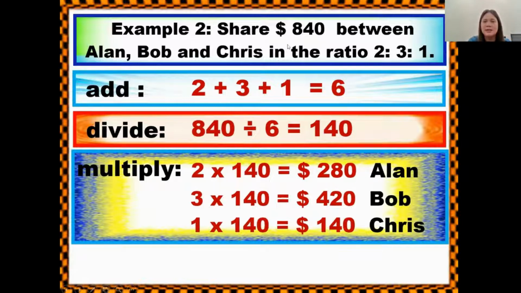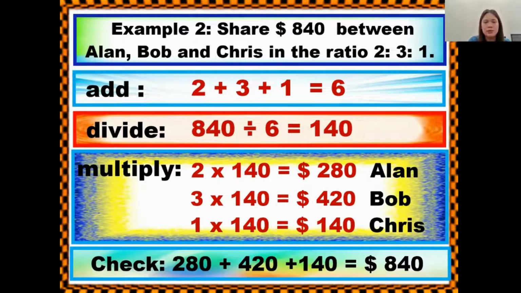If the total is different, then you have to go over, recheck, and revise your work again, as something is wrong. So adding all the numbers, 280 plus 420 plus 140 will give you 840, which is exactly the same as this. So our answer is correct.